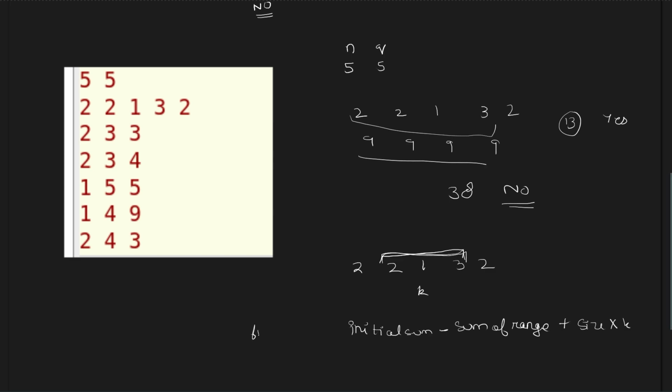So this would be my final sum, right? How? The initial sum was the sum of this whole array. Now I subtracted the sum of this particular range from the initial sum. Now I added the size of this range multiplied by k, because this would be k 3 times, so I just add size into k. So this would be my final sum, and I can easily check whether this final sum is even or not.